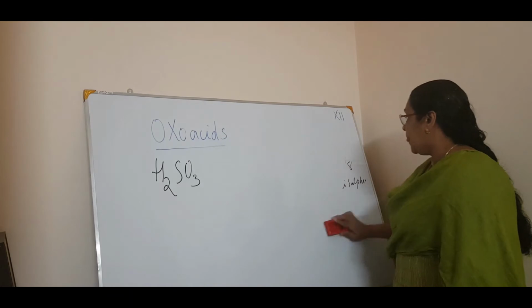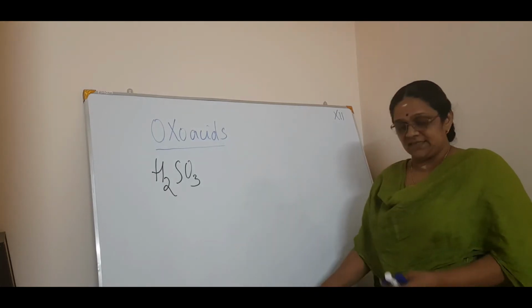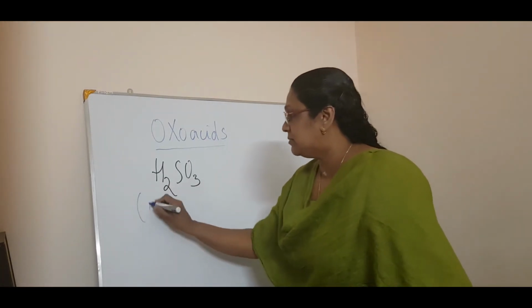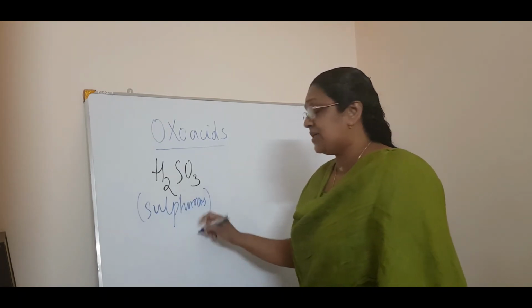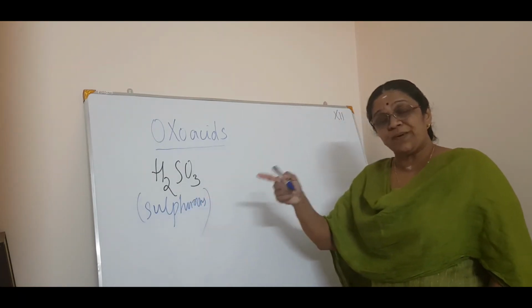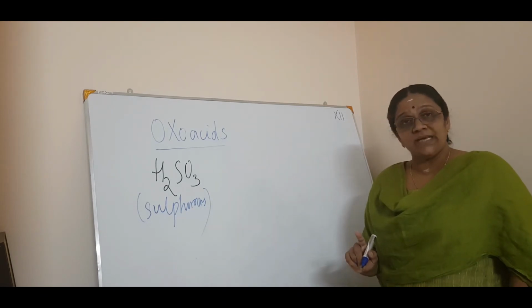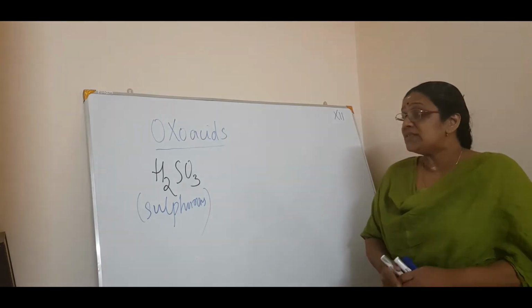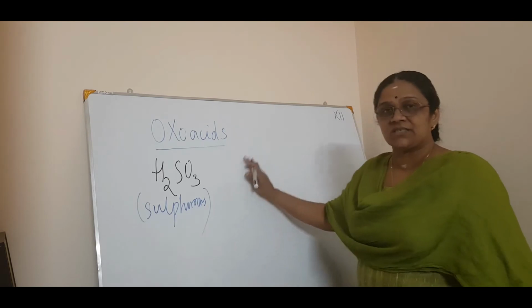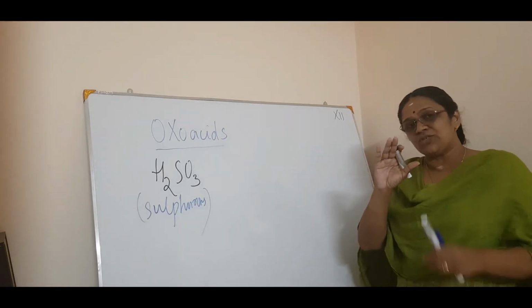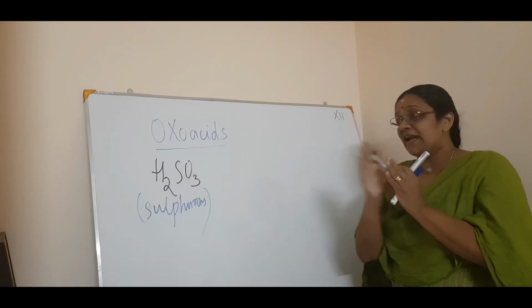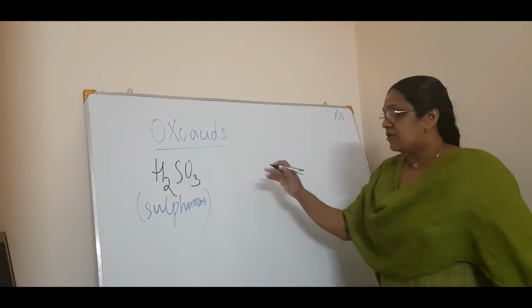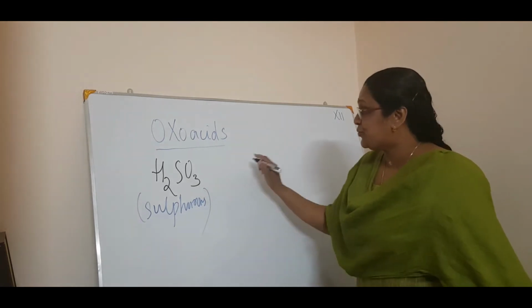First we will see sulfurous acid. You know the preparation, right? SO2 plus water will give you H2SO3. Now see the structure, how you will make it. For this structure also you can have many ideas to get it correct.